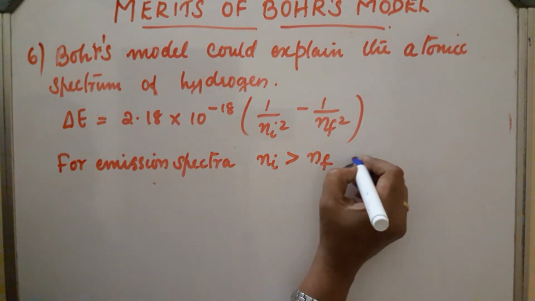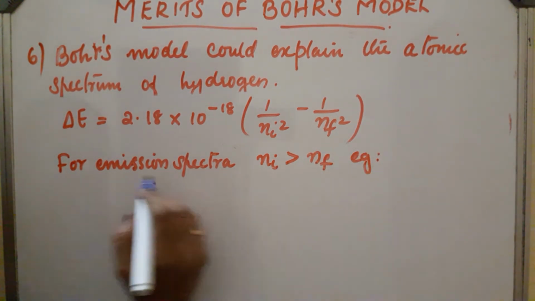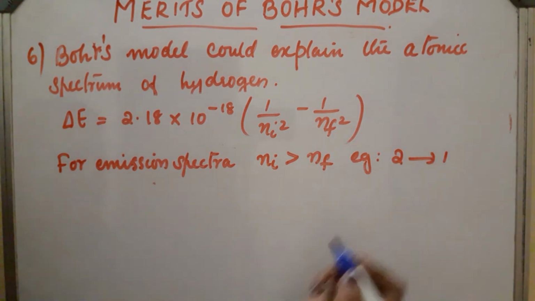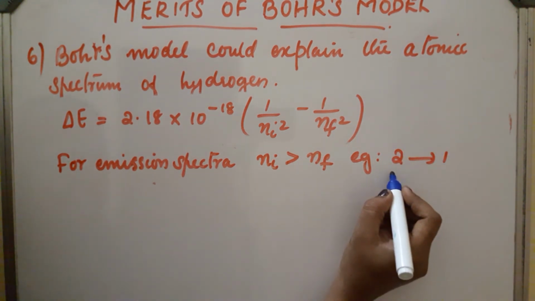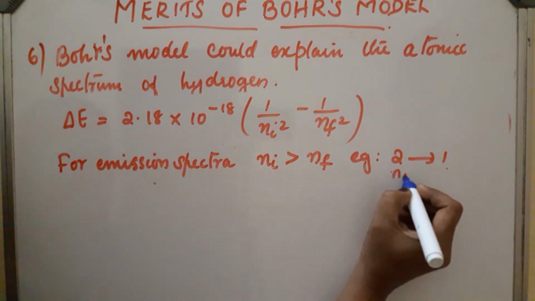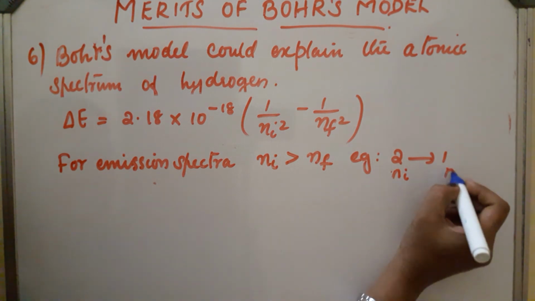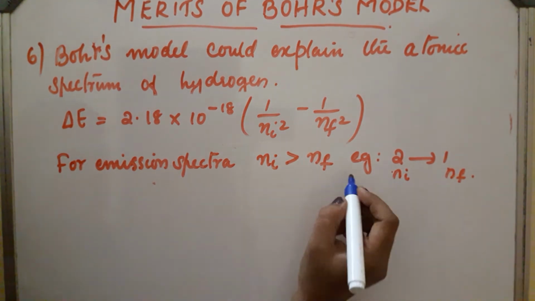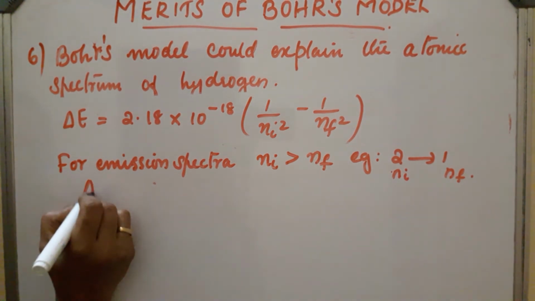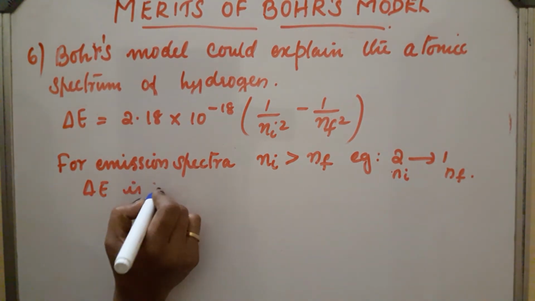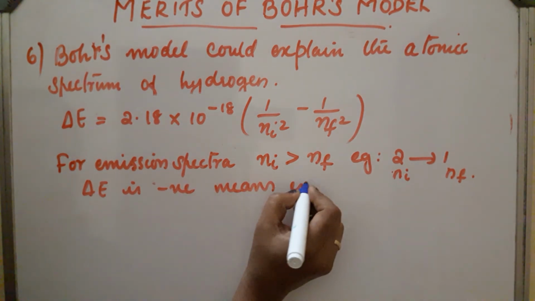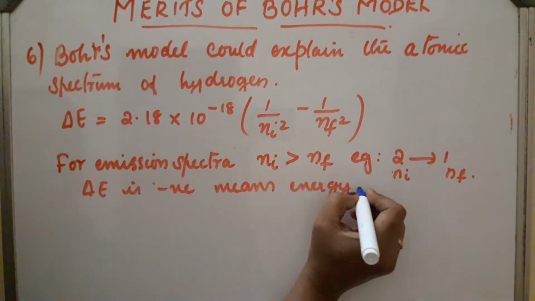For example, in the case of emission spectra, let the transition take place from 2 to 1. So here this is ni and this is nf. Here ni is greater than nf, so delta E is negative, which means energy is released during this transition.